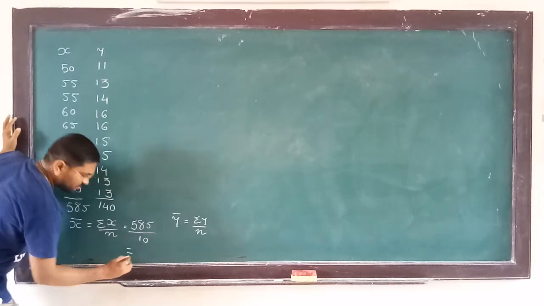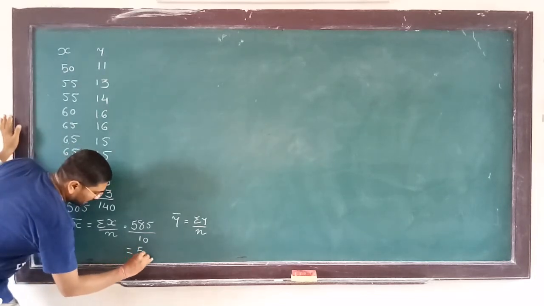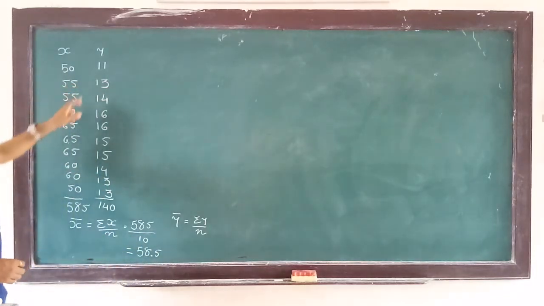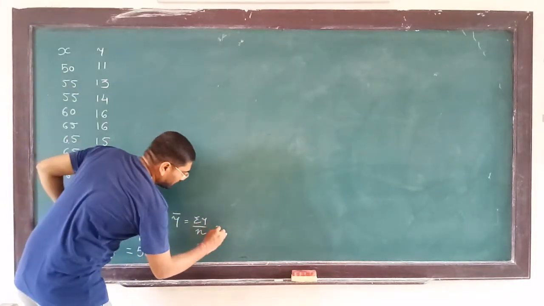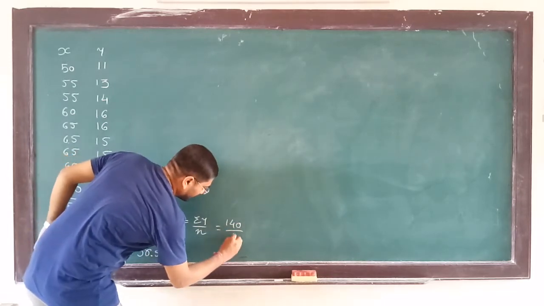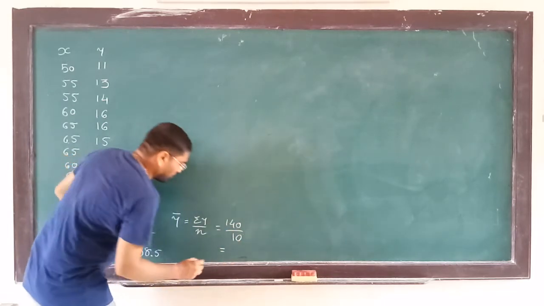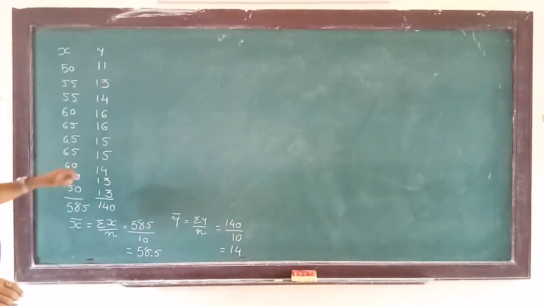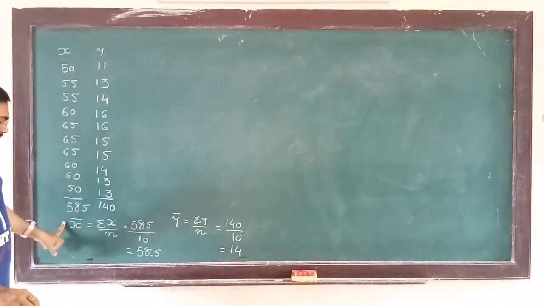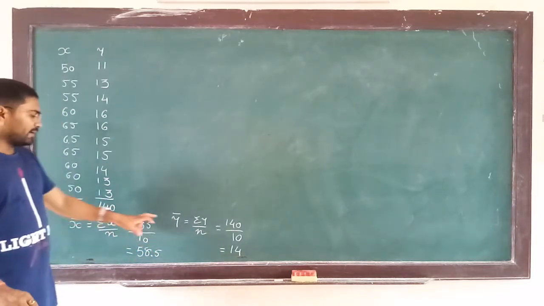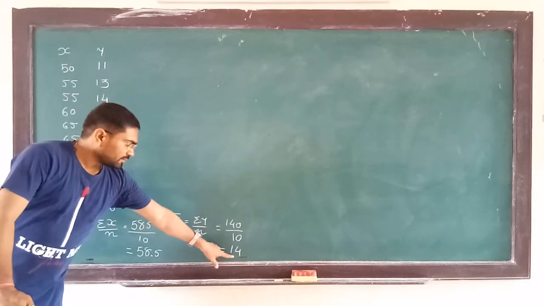Then x bar is 58.5, and sigma y, the total, is 140 upon 10. Y bar is 14.